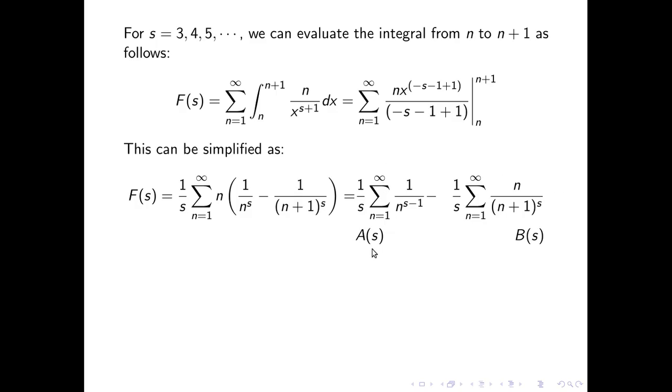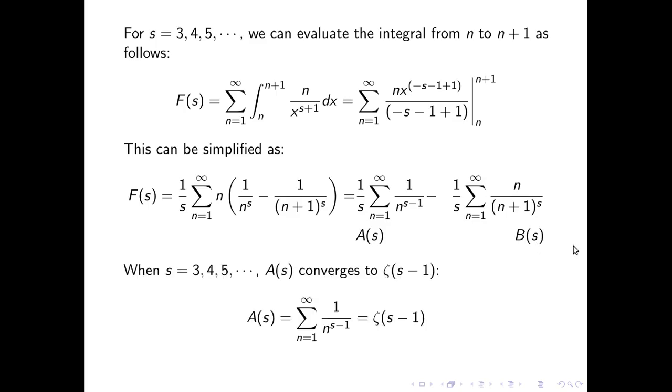The first summation we call a of s, and the second summation we call b of s. Actually, a of s converges to zeta of s minus 1 for these values of s.